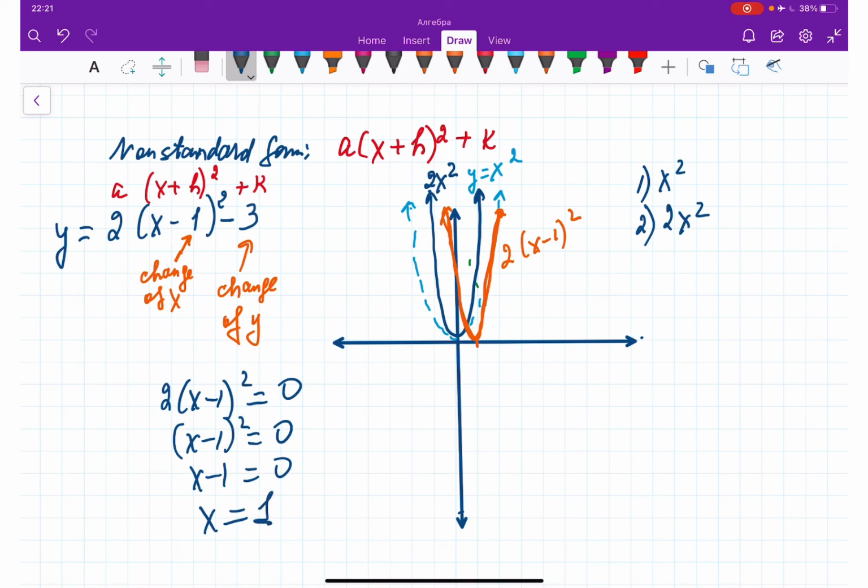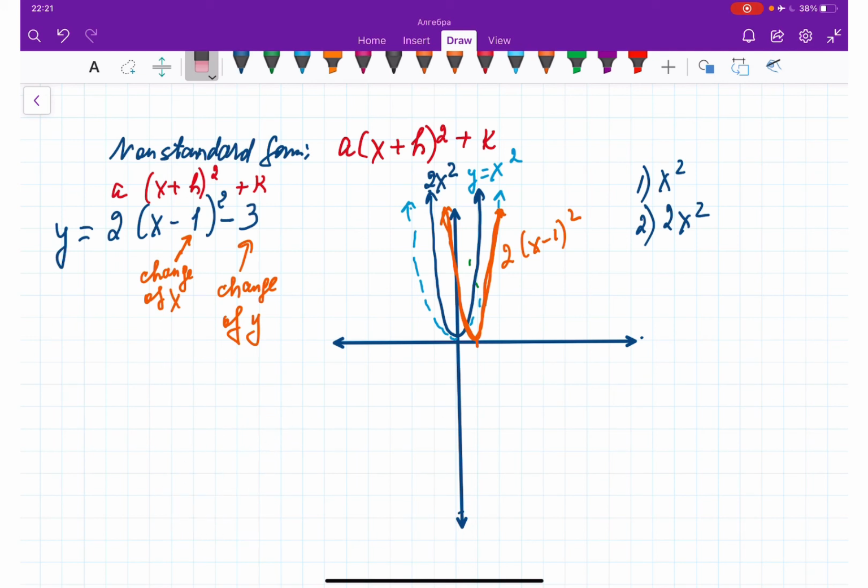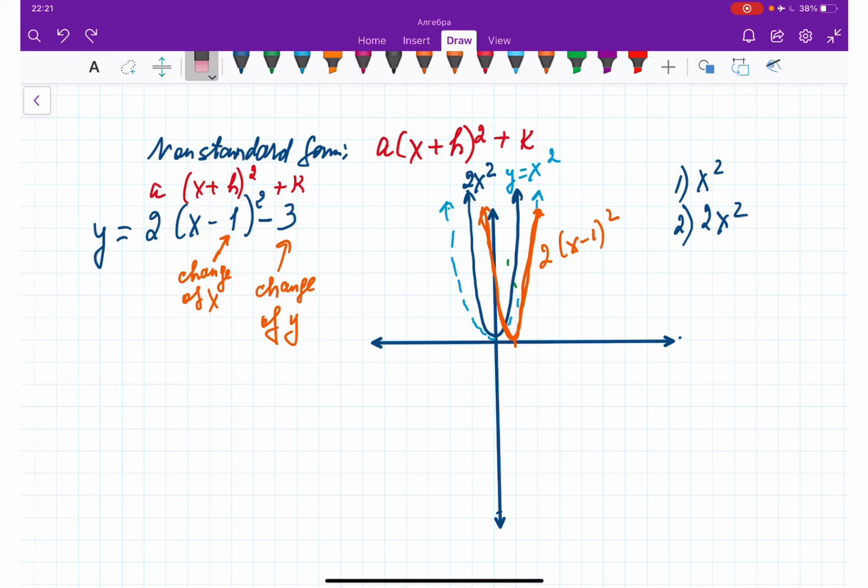So you're practically moving by 1, while it's given negative 1. X is always shifting to the opposite side, but the change of y goes directly. What you see, that's what you shift by. Okay, so moving down by 3. 1, 2, 3.